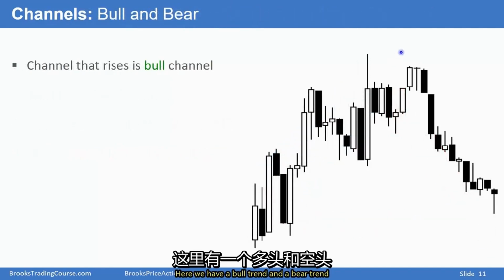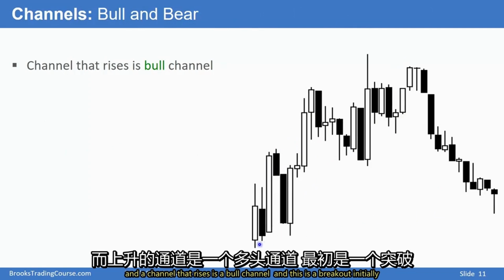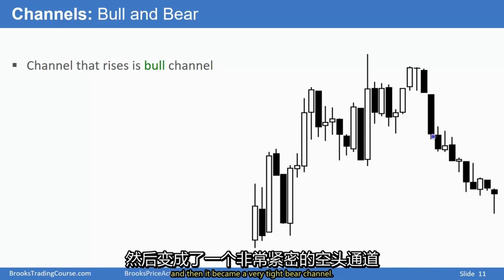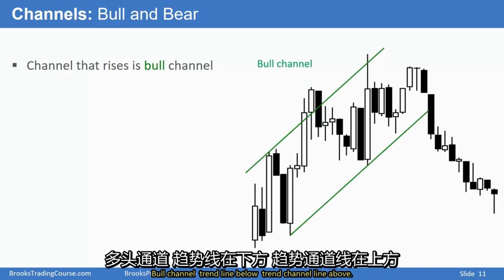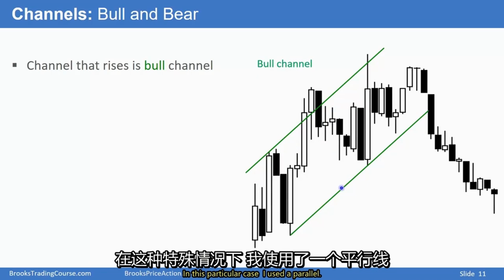Here we have a bull trend and a bear trend, and a channel that rises is a bull channel. And this is a breakout initially, and then it became a very tight bear channel. Bull channel, trend line below, trend channel line above. In this particular case, I used a parallel.